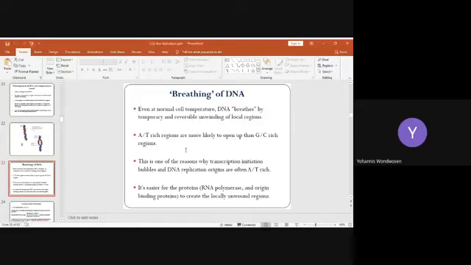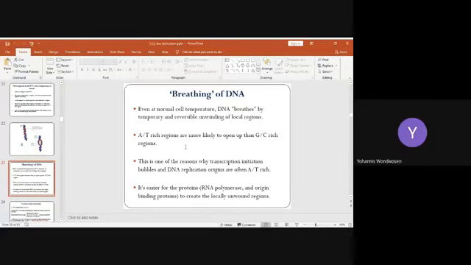The other one is the breathing of DNA. A DNA strand can also undergo breathing by nature, you can call it the breathing.